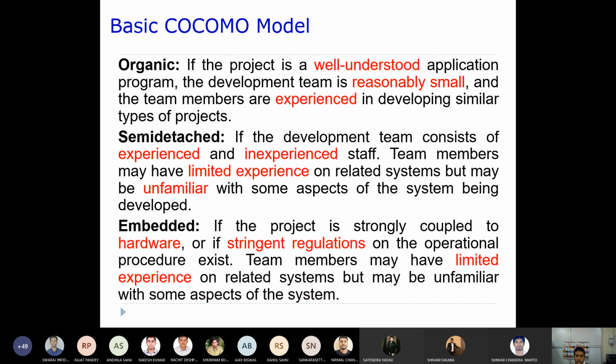So embedded are the ones where you have very strict regulations and the project is strongly coupled to the hardware. For example, you are going to develop software for a refrigerator or an oven.